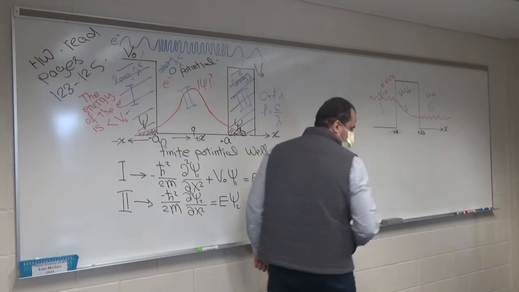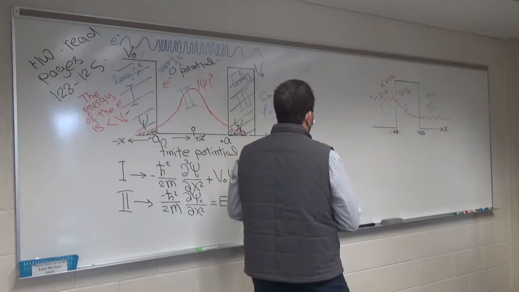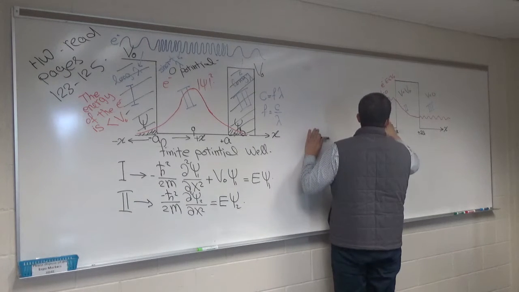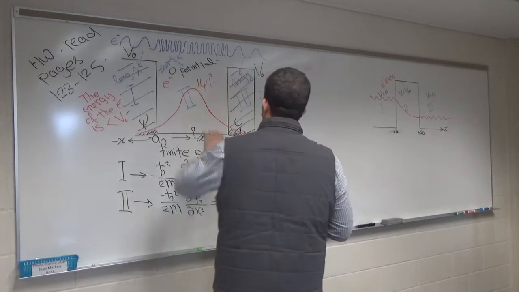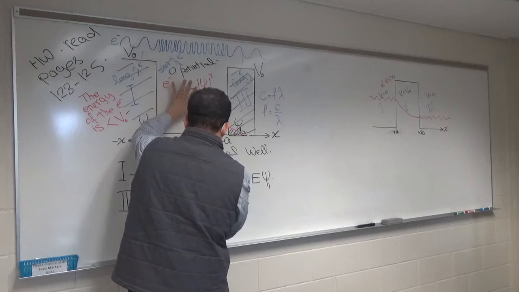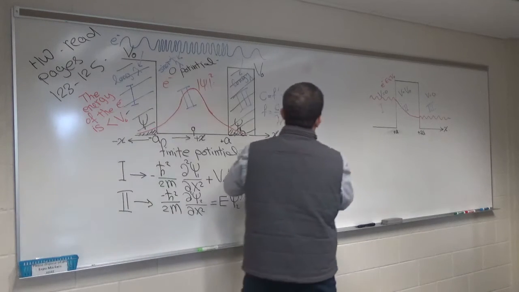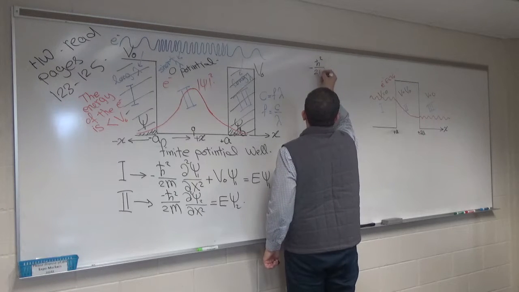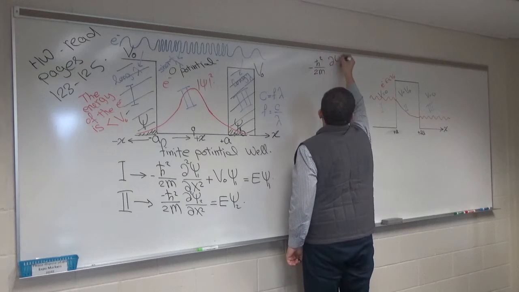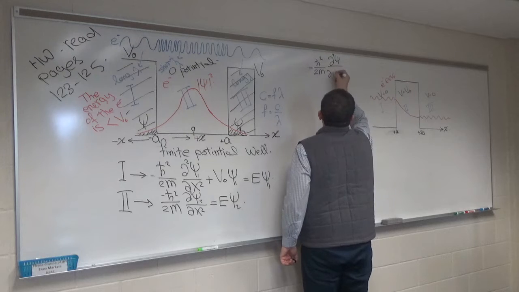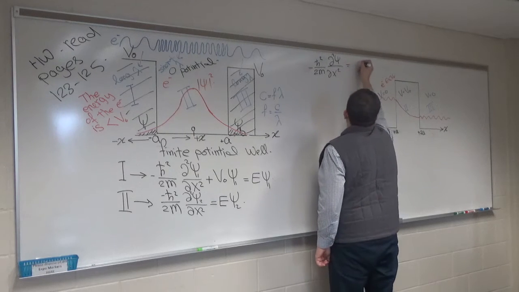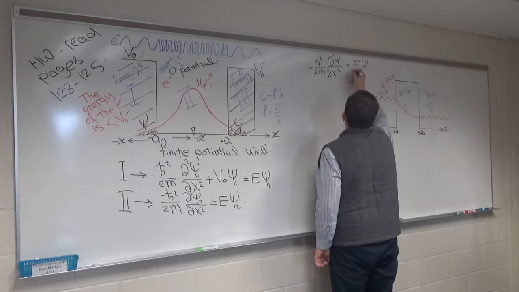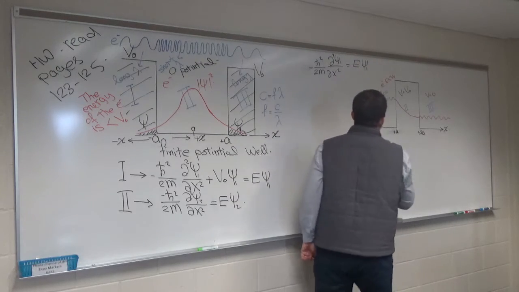These equations can be as the following. Here we don't have any potential, so the potential here is 0. So it should be this equation right here: minus h bar squared over 2m, partial squared psi over partial x squared, equal to E times psi. This is psi 1, and this is psi 1.